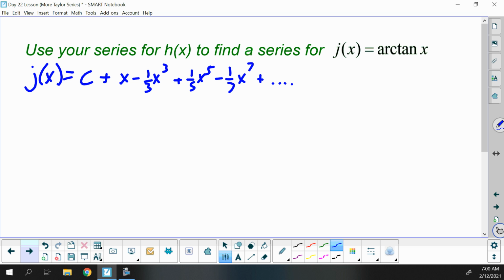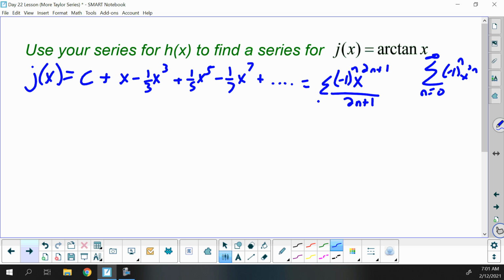Keep in mind before in h of x, we had n equals 0 to infinity, negative 1 to the n, and x to the 2n. So if we think about doing an antiderivative there, we should have x to the 2n plus 1 now. We'll still have negative 1 to the n, and we have over a 2n plus 1 now.